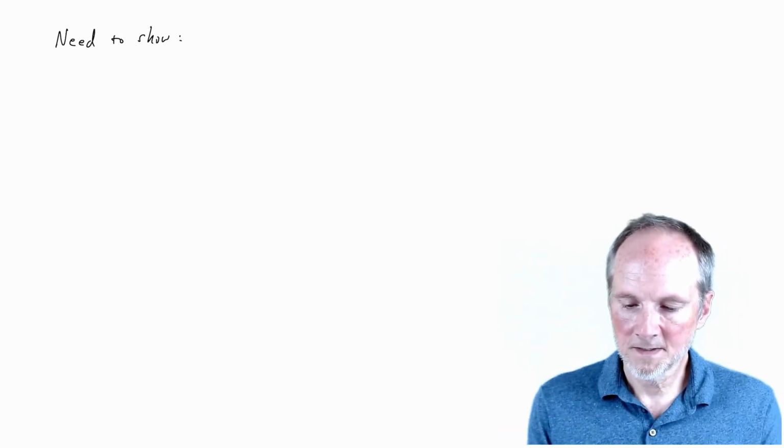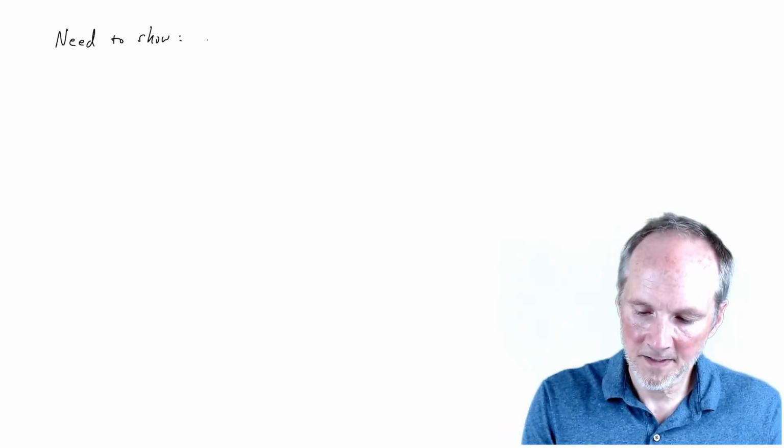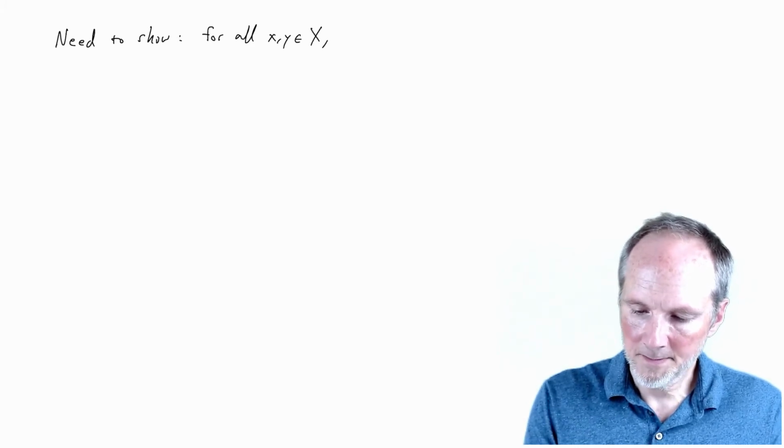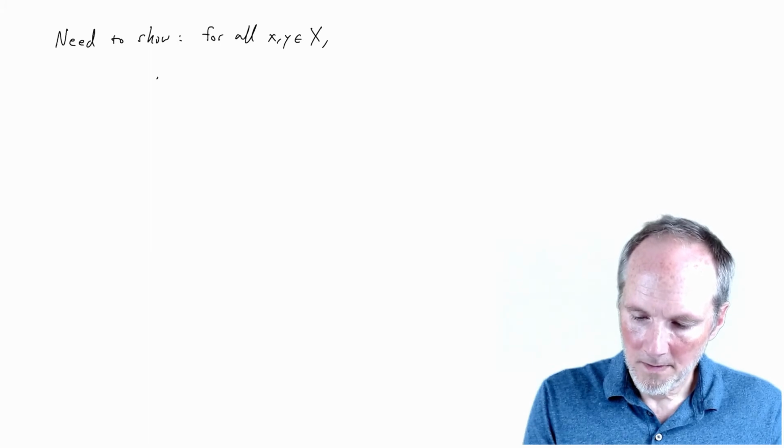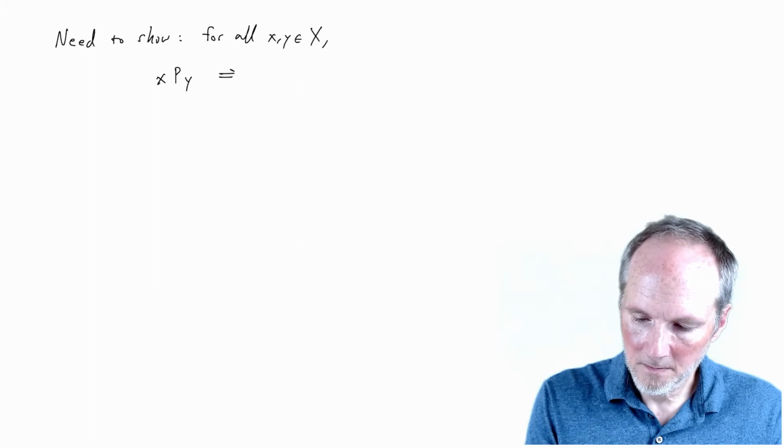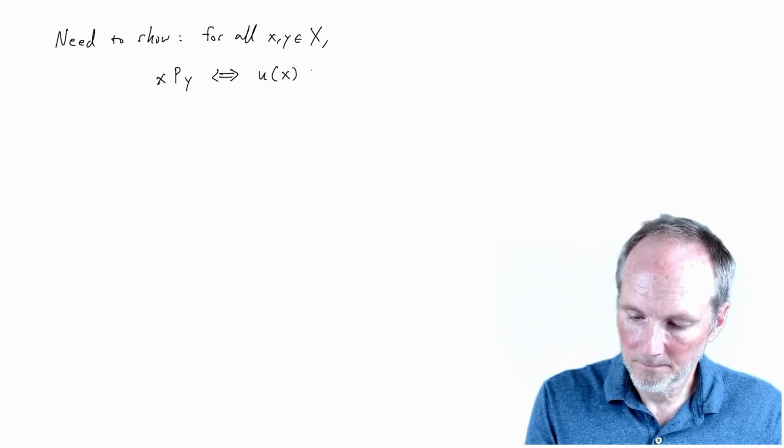Well, what's the defining property of a utility function? I need to show that for all alternatives x and y, x is better than y if and only if it has a higher number.